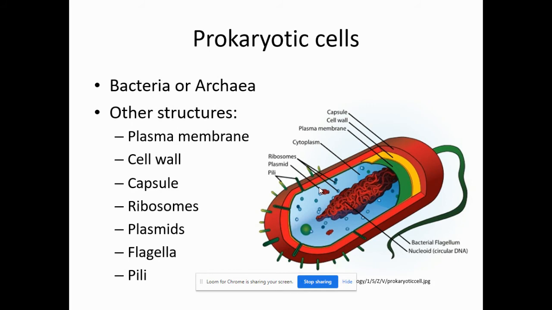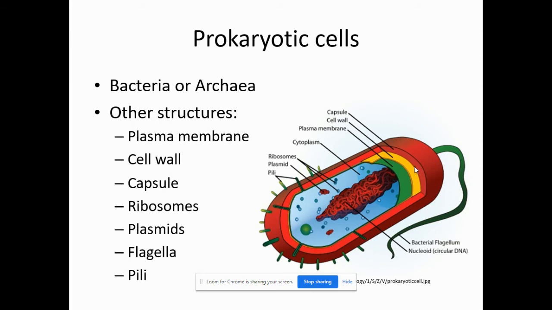But outside the plasma membrane and a cell wall is a capsule, which many prokaryotic cells have, and that capsule has sticky sugars or polysaccharides that help aid in adhesion and protection. Not all prokaryotic organisms have this capsule, but many do. And like I said, it lies outside the cell or the plasma membrane and the cell wall.